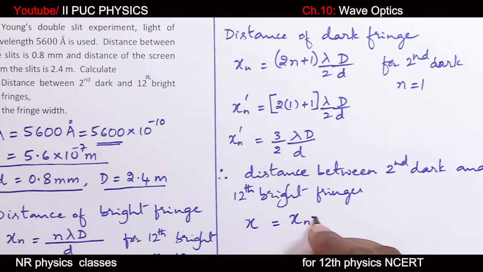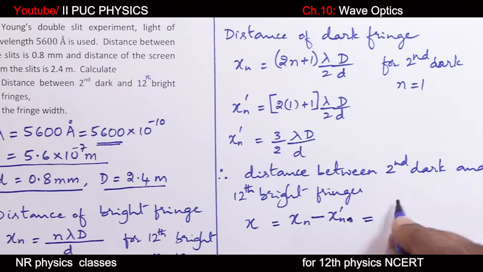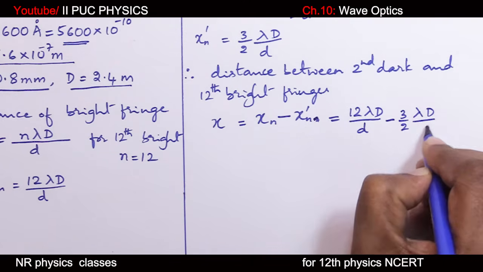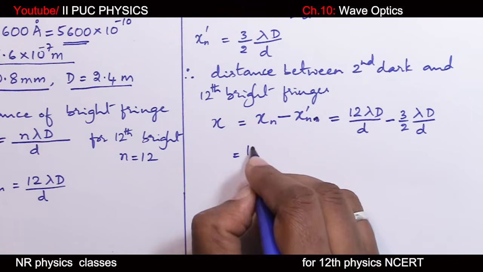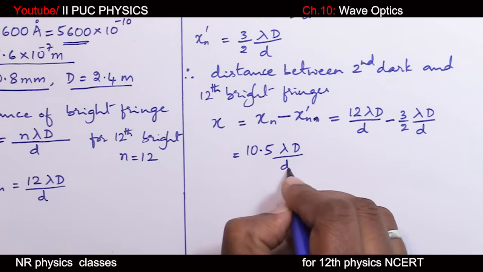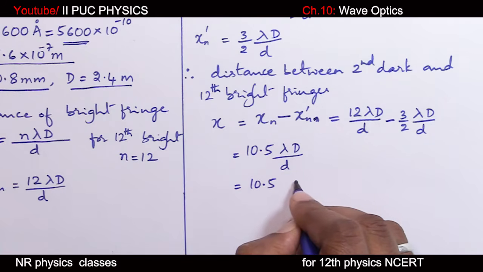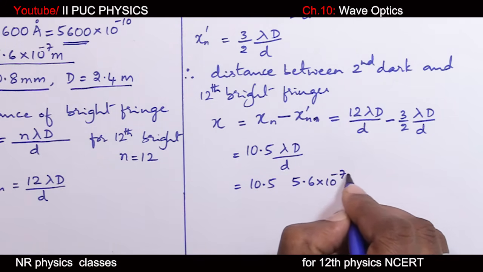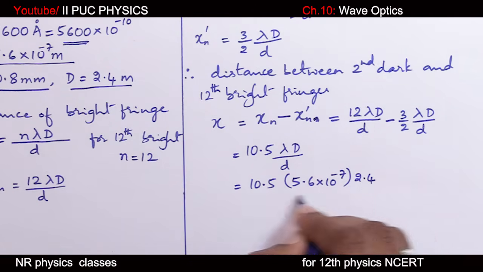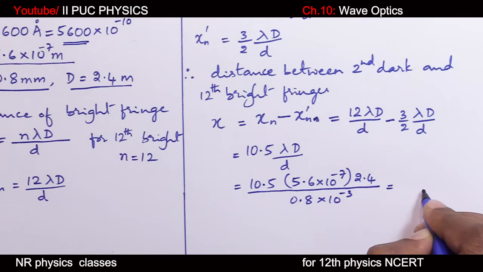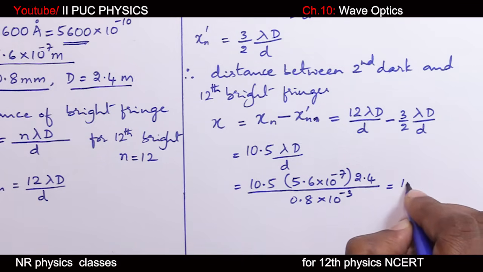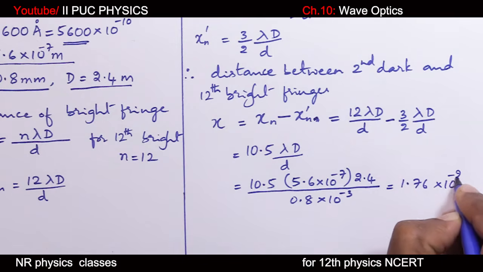It is Xn minus Xn dash, equal to 12 lambda capital D by small d minus 3 by 2 lambda capital D by small d. 3 by 2 is 1.5. 12 minus 1.5 is 10.5 lambda capital D by small d. 10.5 times lambda, which is 5.6 × 10 power minus 7, capital D is 2.4 meter, by small d, 0.8 millimeter, 10 power minus 3, equal to 1.76 approximately 10 power minus 2 meter.